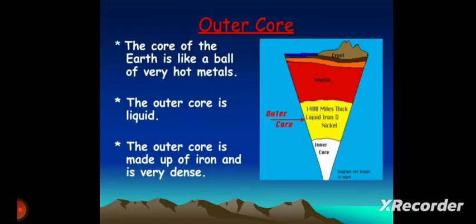Okay, so students, now moving on, our third layer, which we call the core. Core is also divided into two parts, outer core and inner core. But firstly, we see the meaning of core. The innermost layer is called the core.